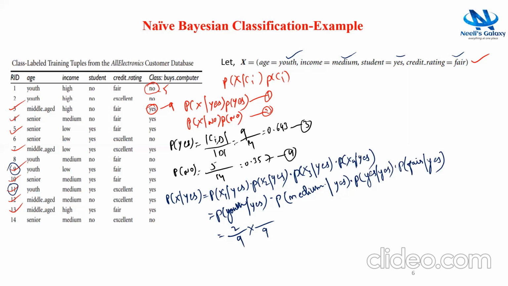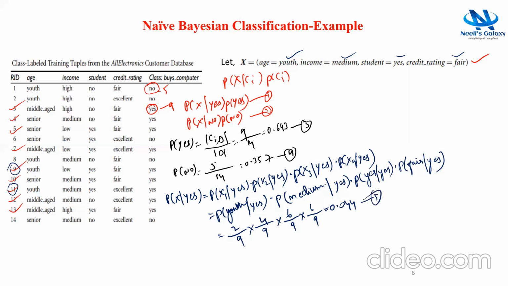If you go through the example again, you can get 4 tuples. Similarly, out of 9 tuples, 6 tuples have student value as S, and 6 tuples have credit rating as fair, and this we get 0.044. Let's say this is equation 5.